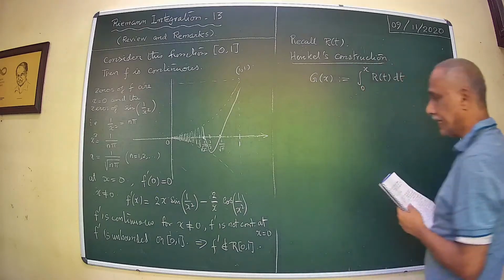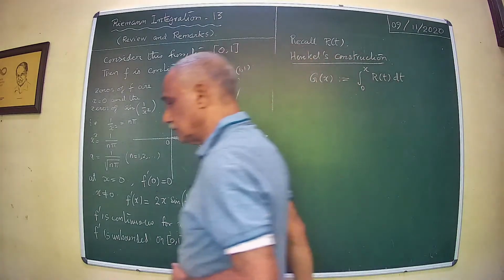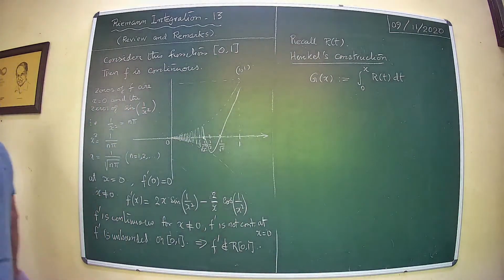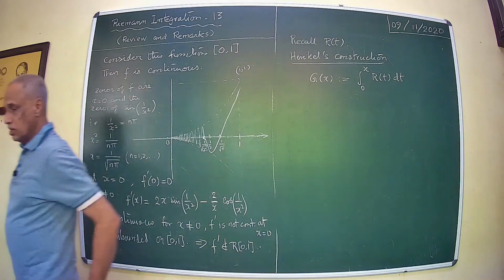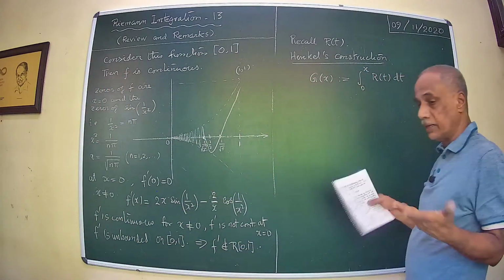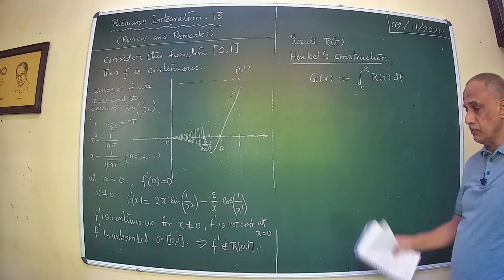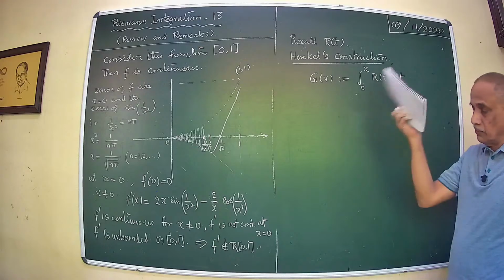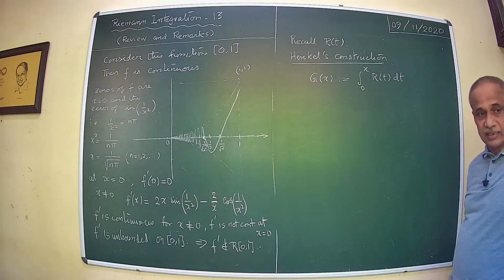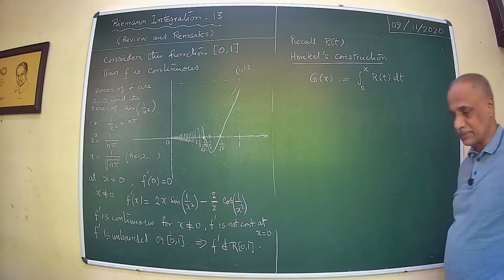Recall R(t) was a wildly fluctuating function with discontinuities on the interval 0 to 1, infinitely many points where the function is discontinuous. It's a wildly fluctuating function which has been constructed with, say, the function y equal to x defined on minus half to plus half and so on.